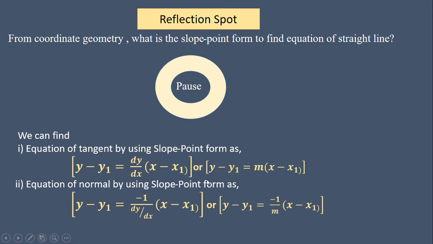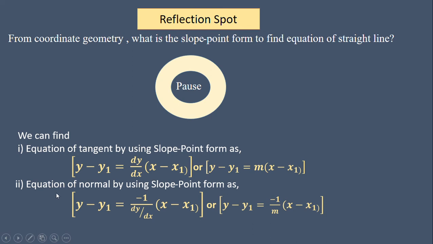The form is y minus y1 equal to m into x minus x1. This is the slope point form. Use the same formula here, where m is replaced by dy by dx, the slope of the tangent, and (x1, y1) is the point P, the point of contact of the tangent and normal to that curve.